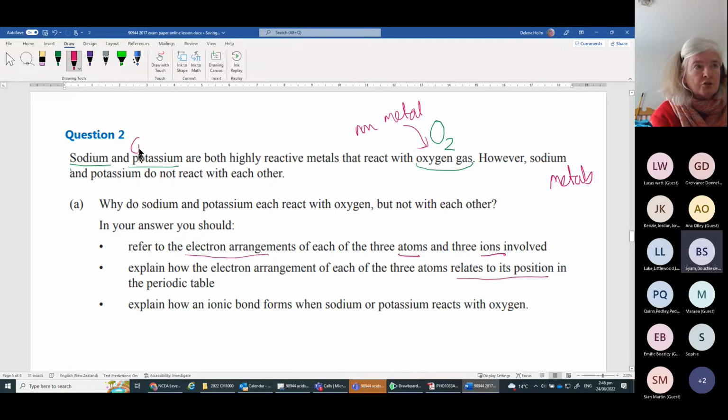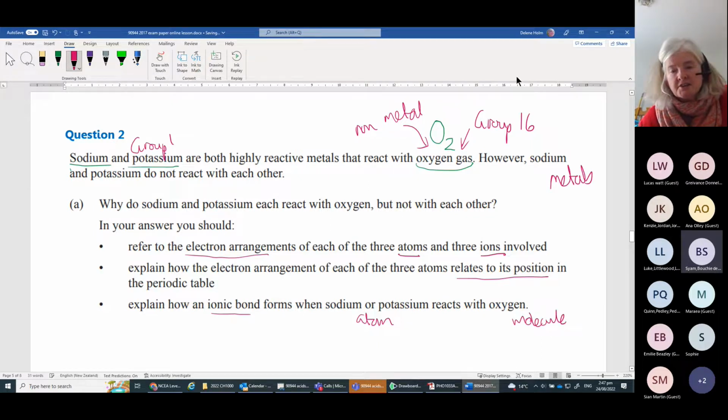These are in group 1 and they're metals, and that's in group 16. You would look up the periodic table if you don't know, because that's why you're given it. And then explain how it forms. So when these atoms react with that molecule, that's really about the exchange of electrons. So how do I go from atoms to ions?